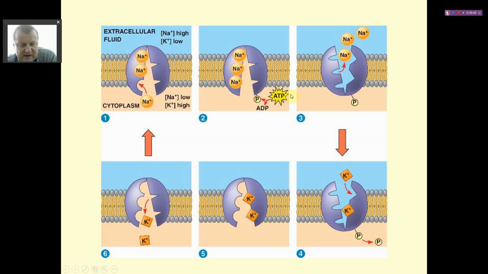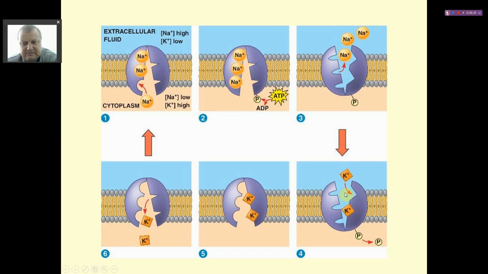This phosphoric acid residue comes from ATP, and phosphorylation causes the closing for cytosol and opening of this enzyme into extracellular fluid. And during this opening, the sodium cations penetrate to the extracellular fluid.